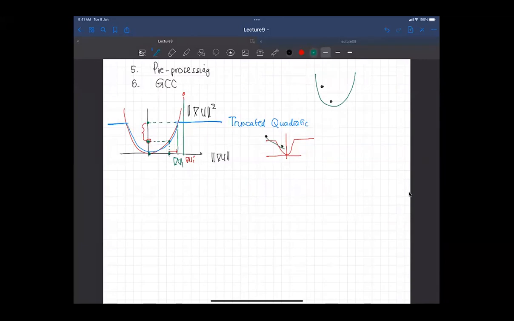So if it's crossing the red line, it is non-convex. But if 2 points inside the function never touch the boundary, then it is a convex function. So that's the difference between convex and non-convex.